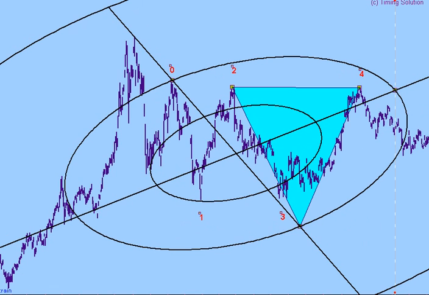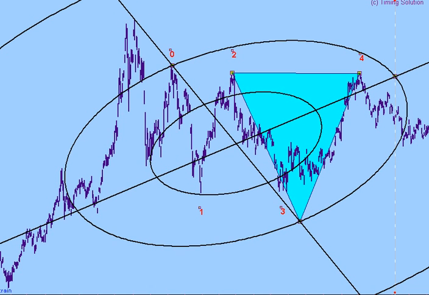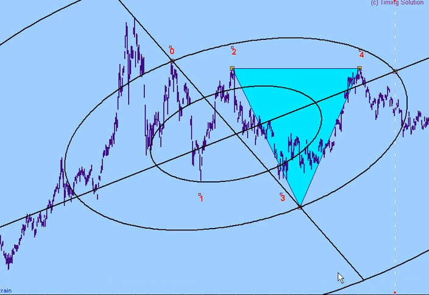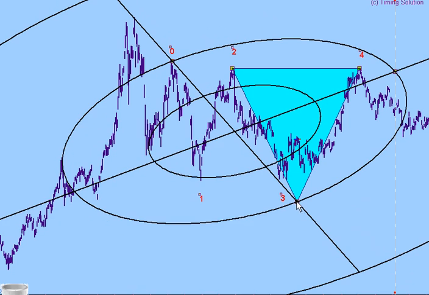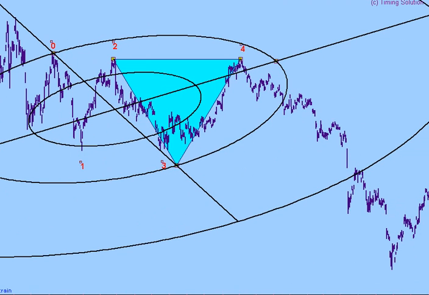So I need to rescale this again. Oh, that's interesting. I lost my anchor. Or, no, I'm sorry. Yeah, I did lose my anchor. It's supposed to... What a shame. Well, that pretty much kills this example, but you saw that one.